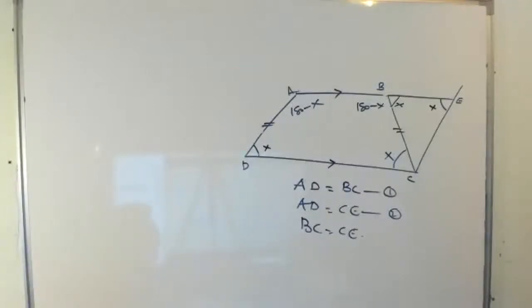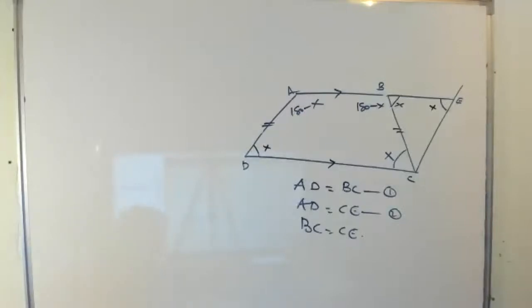Next one, angle EBC equal to angle DCB equal to X. What is the reason?